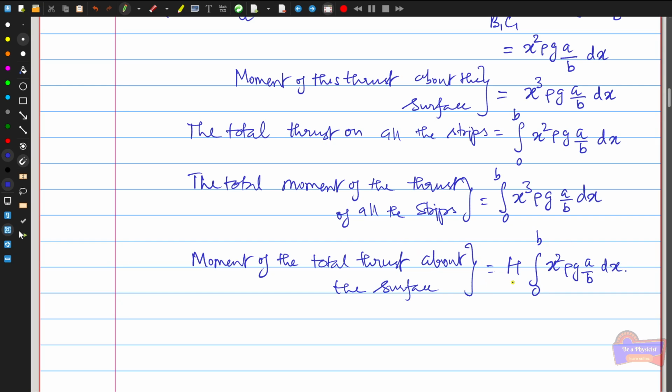As I already told you, h is the depth of the center of pressure below the water surface XY.